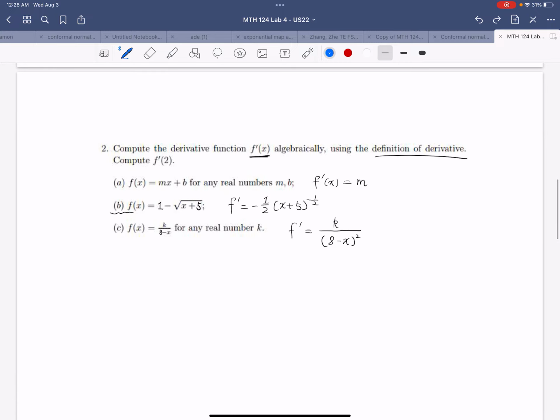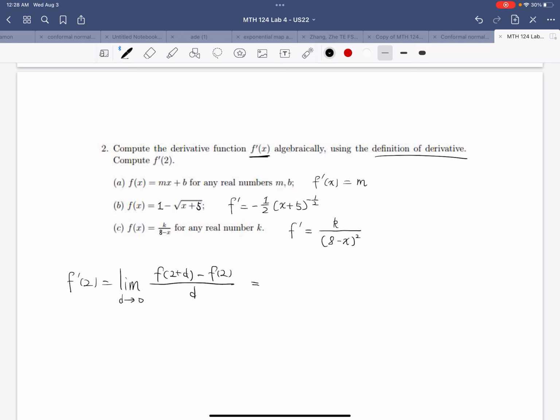The second question asks us to use the definition of the derivative to calculate derivatives. Let's take the second one, for example. The others will be similar. The function is 1 minus square root of x plus 5, and we take the derivative at 2. By definition, f prime at 2 equals the following limit as d goes to 0 of f(2 plus d) minus f(2), over d.